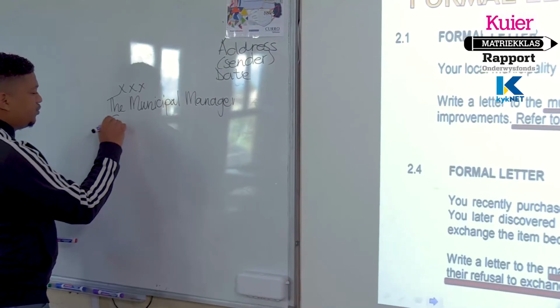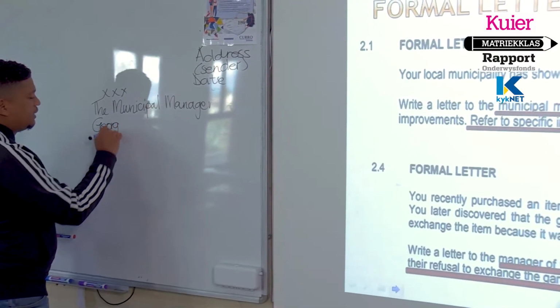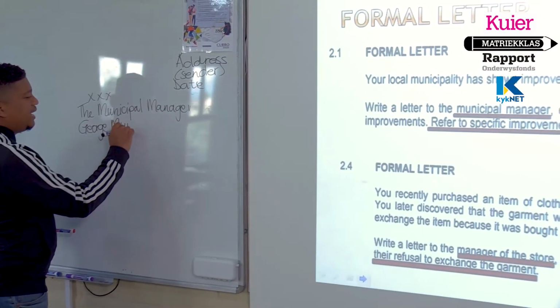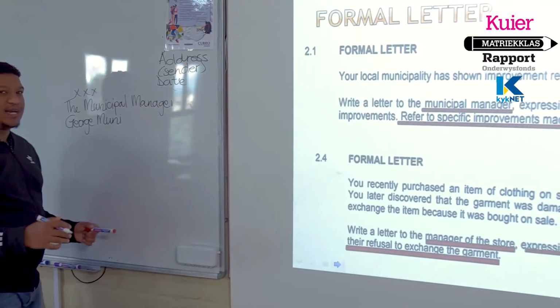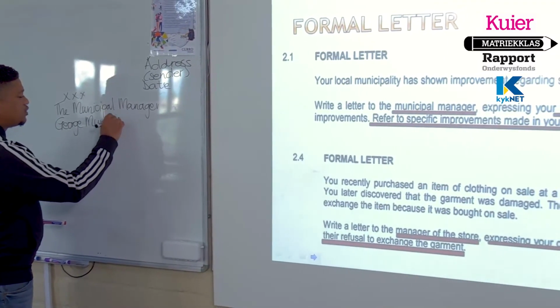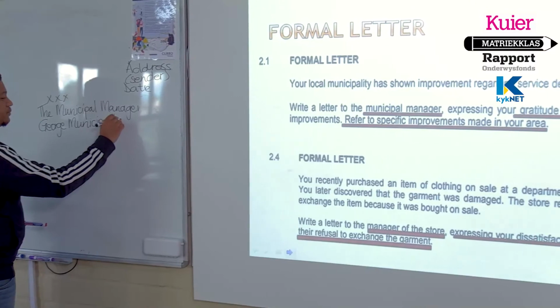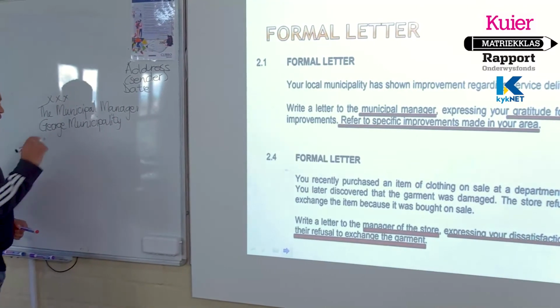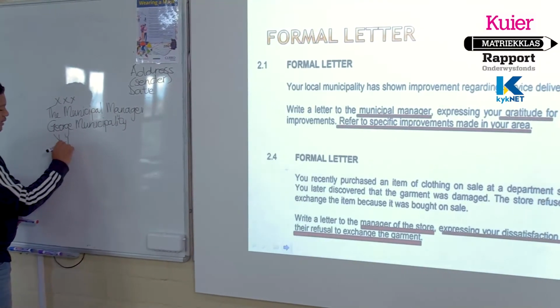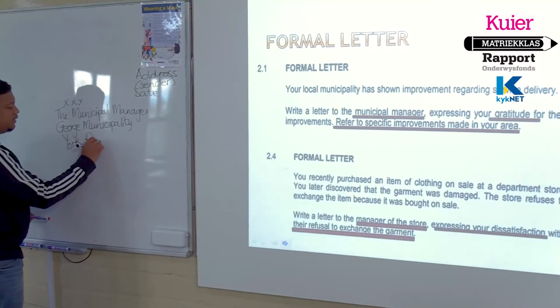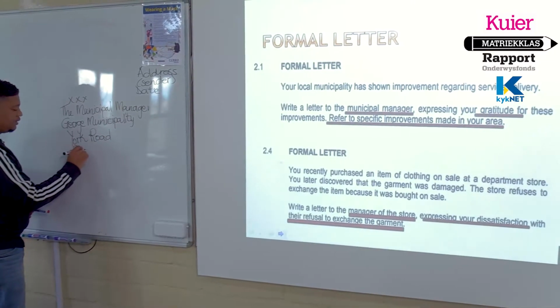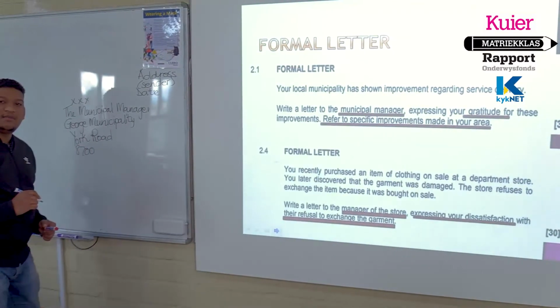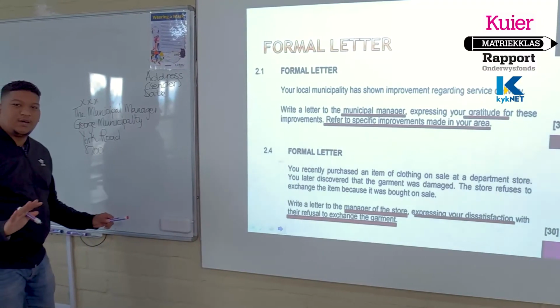Let's go with George. George municipality. Or wherever you stay. Please don't go and use this if you don't know how to spell it or you have a problem with it. George Municipality, York Road, and we indicate 8700, the postal code. There we go.